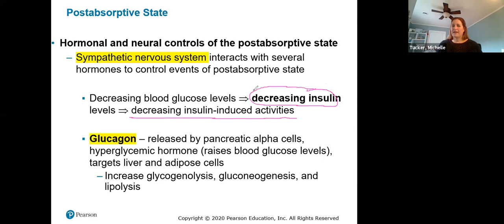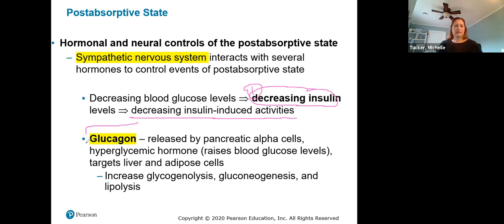So that is the first player in the post-absorptive state: insulin drops out. This decrease in insulin has a cascading effect to decrease all of those metabolic processes that it previously stimulated.